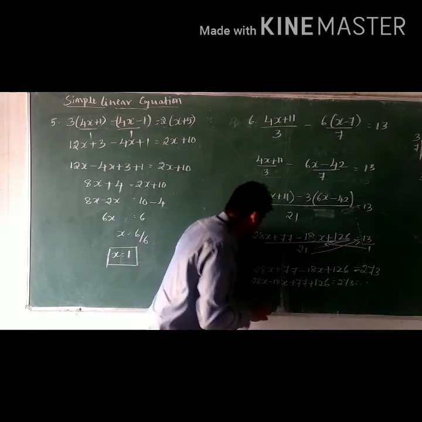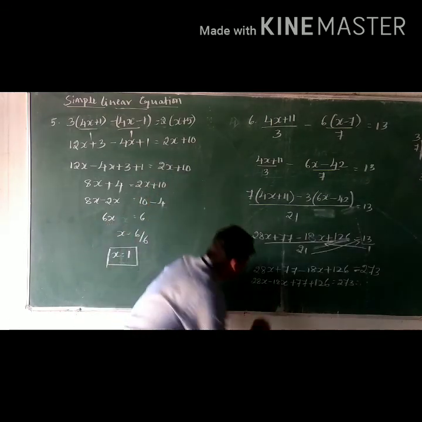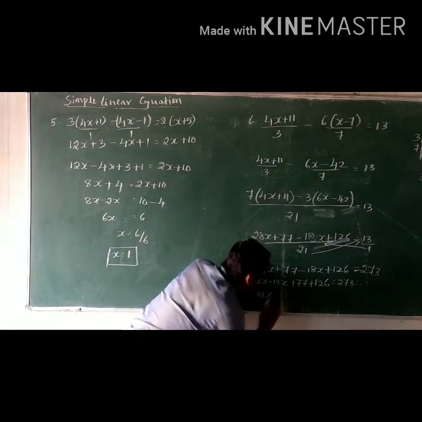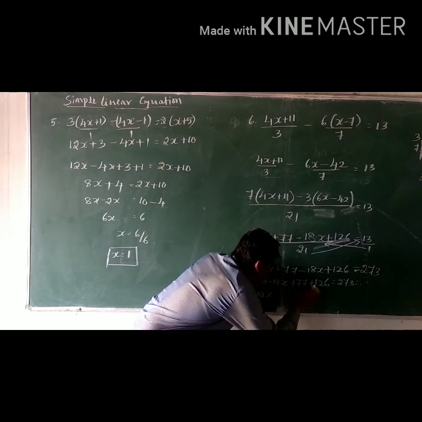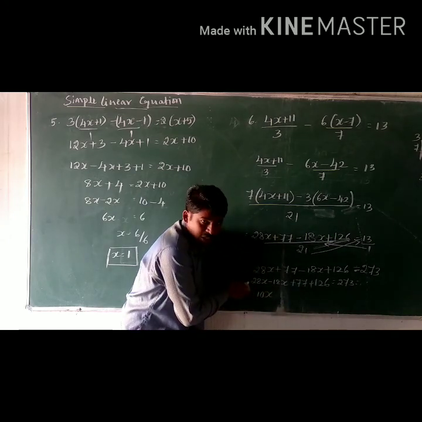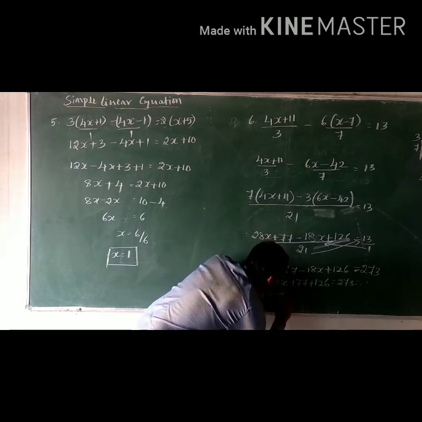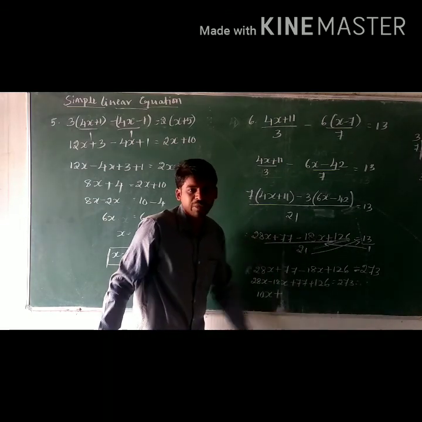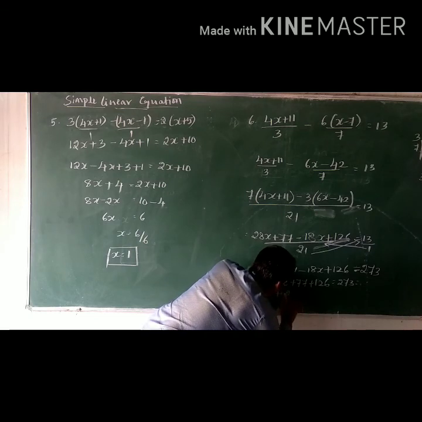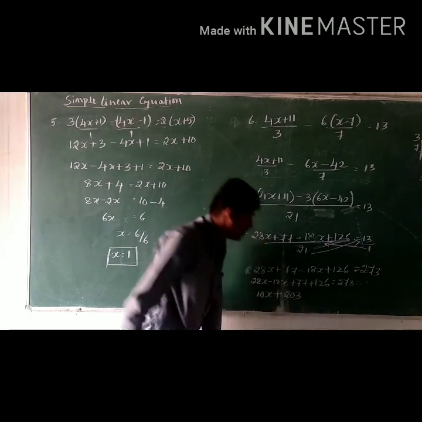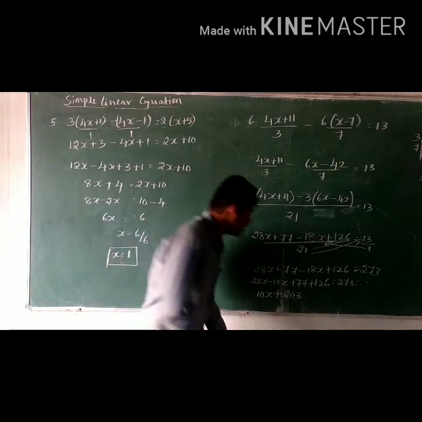Now 28x minus 18x gives 10x. Here minus is there, here plus is there, that's why we deduct it. Now we get 10x. Now plus and plus, you get the plus only, 77 plus 126 gives 203. We get 203 is equal to 273.